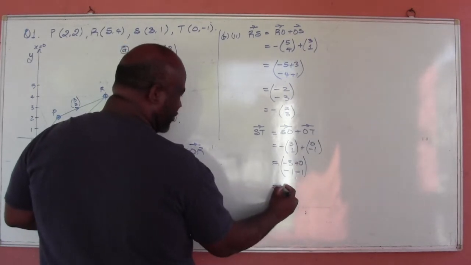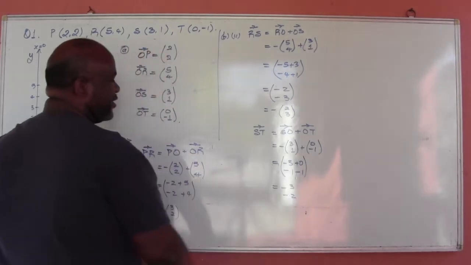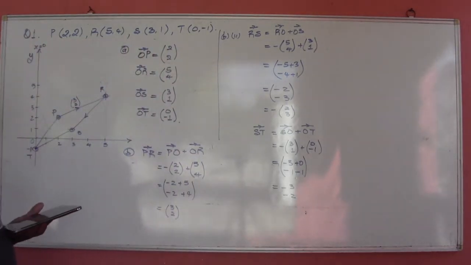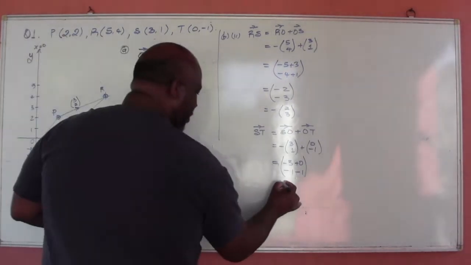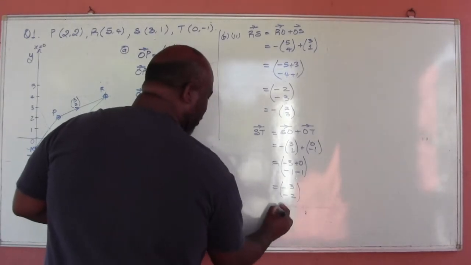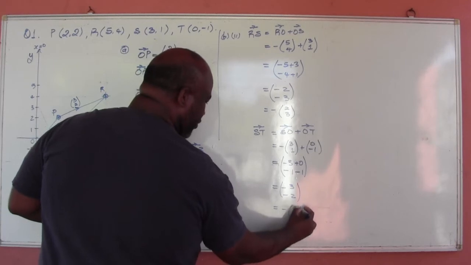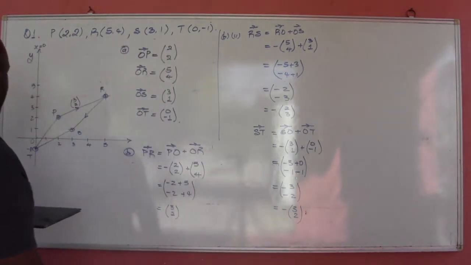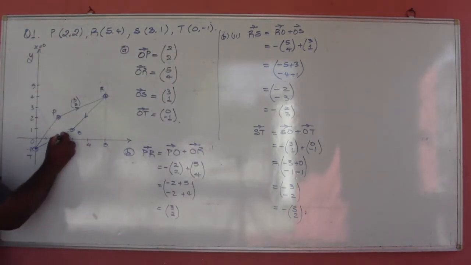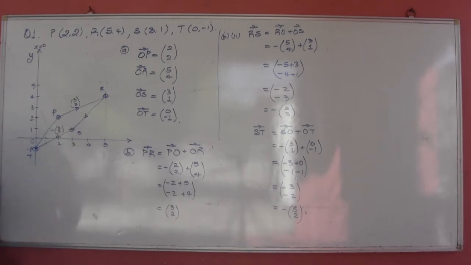So we have minus 3, minus 2. If the signs are the same, we add and keep the sign. So this is minus 3, 2, and that vector going from S is the vector minus 3, 2.